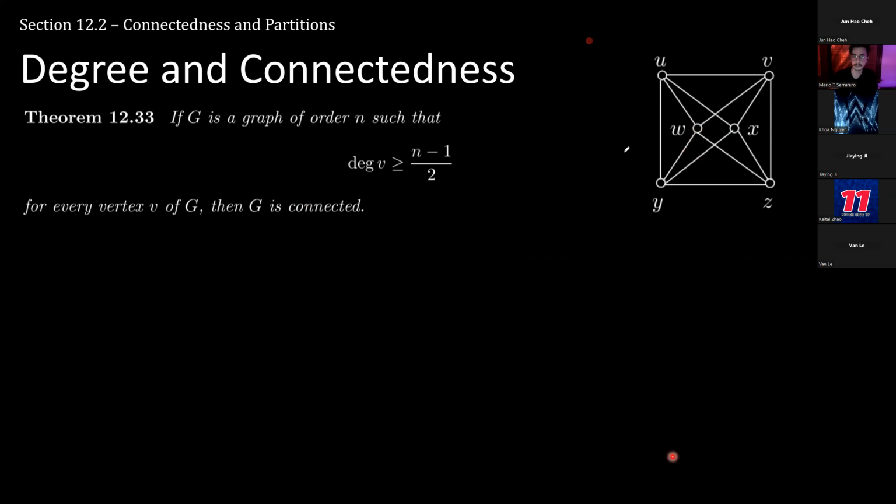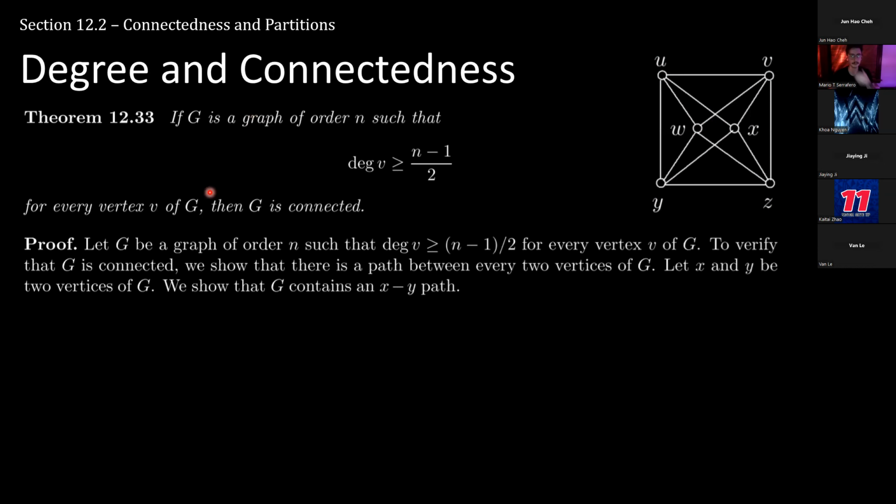If you look at it, this is an order 6 graph, right? So (n minus 1) over 2 is 2.5. We need every vertex to have degree more than 2.5, and every vertex has degree 4. So that's definitely true. This graph qualifies for this theorem.